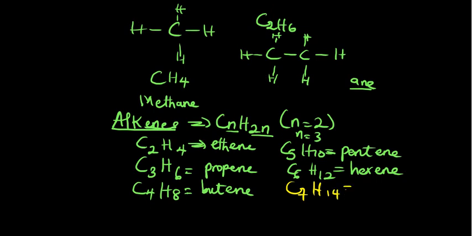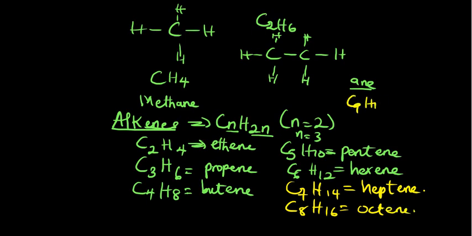C7H14, heptene. Then that would be octene. So I think you see how simple it is. There's no big deal there. Then nonene, then C10H20. So that's decene. No big deal here.